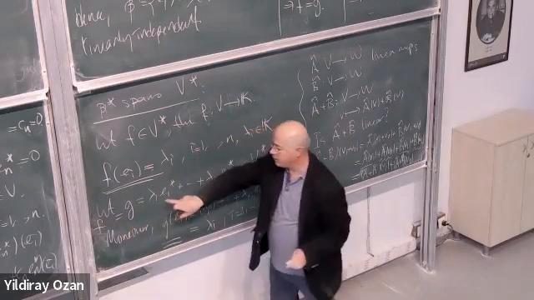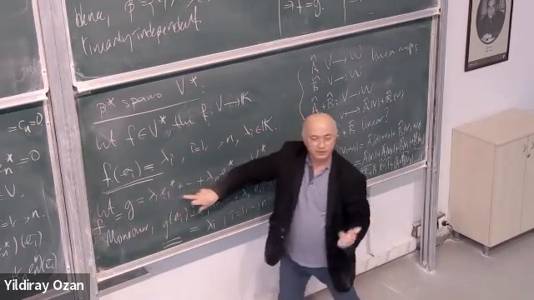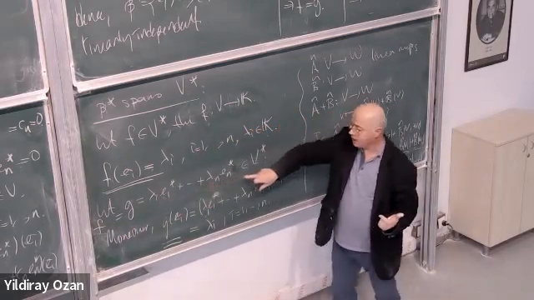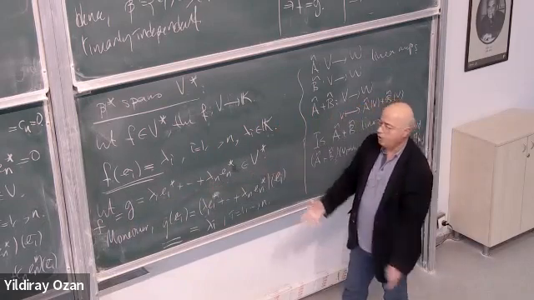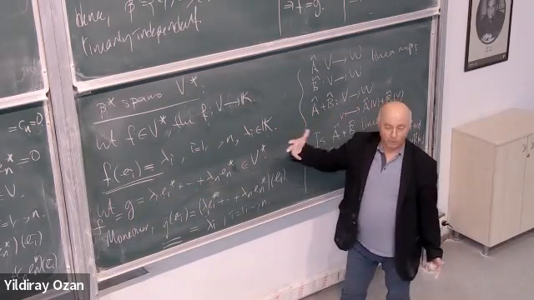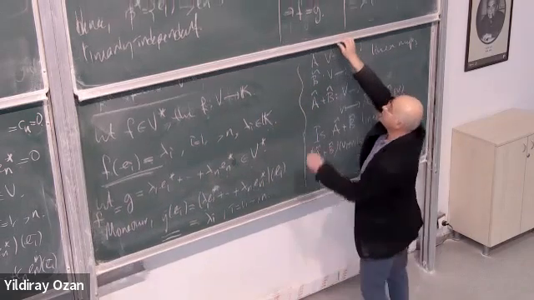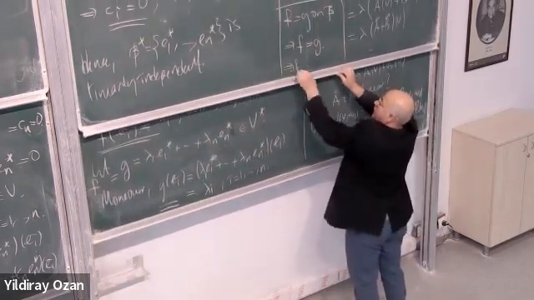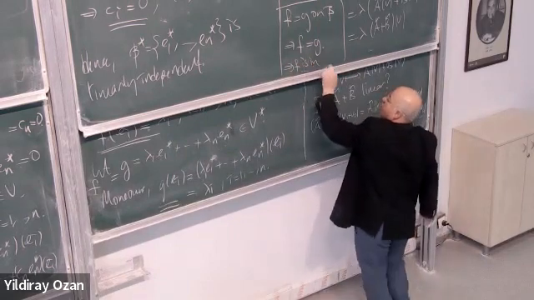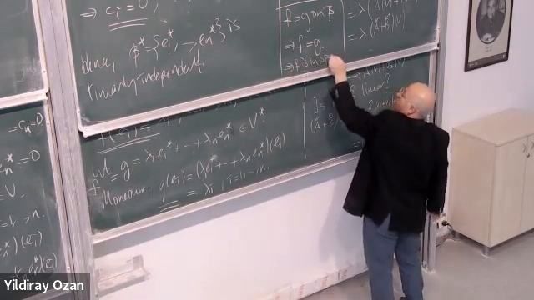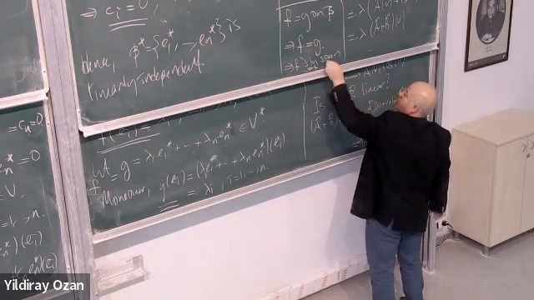So F is a linear combination of E1 star, E2 star, E3 star, ..., En star. Therefore, F is in this span of beta star. Right? So this means F is in the span of beta star.